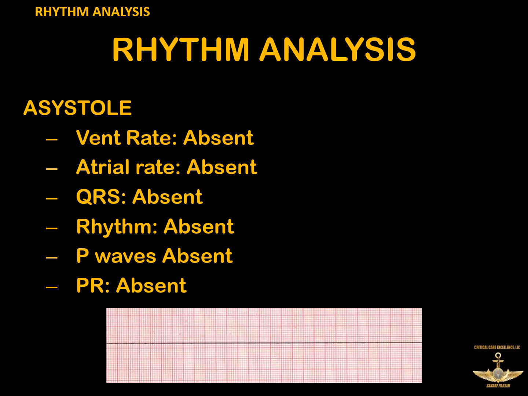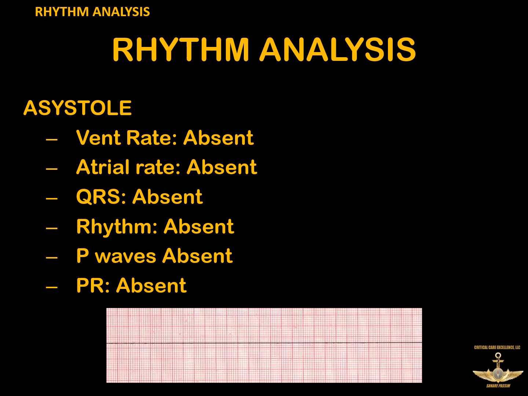Sometimes it'll kind of have a wavy baseline, especially if they're in the middle of a resuscitation and somebody's breathing for them. You may see some variability based on the diaphragm, as the breath's going in and out and it's pushing these electrodes. You may see it get kind of wavy, and it may be wavy at a baseline without doing anything. But the most important thing is you don't see any of the normal characteristics you would see in a perfusing heart rhythm.